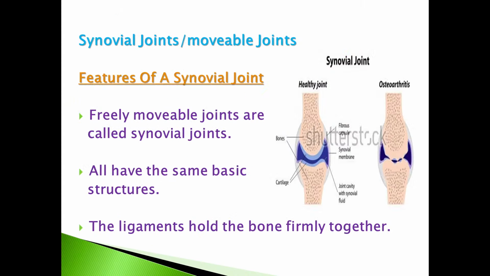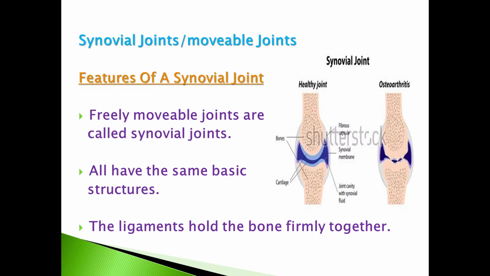But before we look at those 4 joints individually, we're going to spend some time looking at the features of synovial joints or movable joints, because the fact that they are able to move simply means that they're going to have some different components or some different things that are completely different from the fixed joint, meaning that you will not find these substances or these structures within a fixed joint.